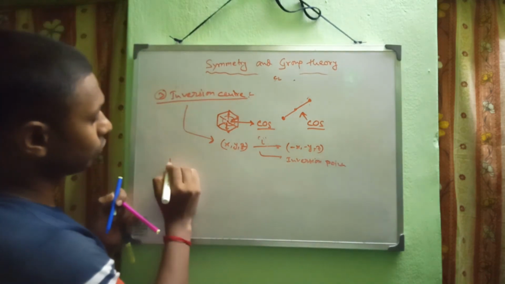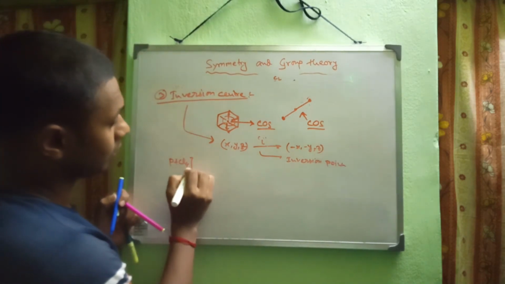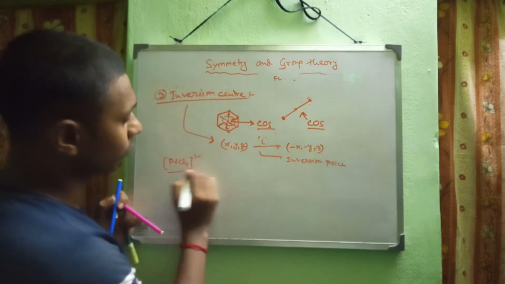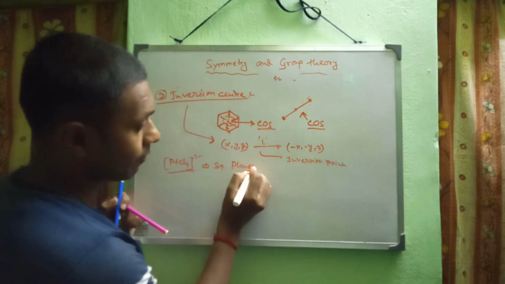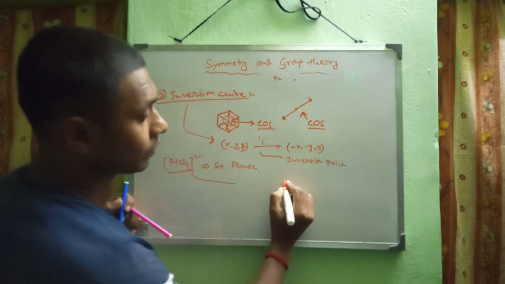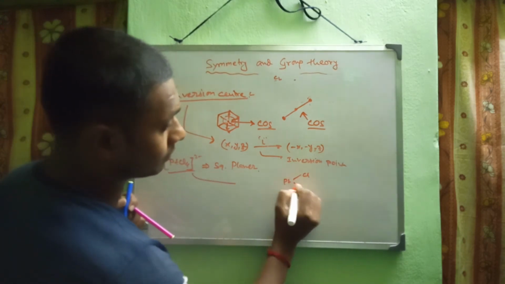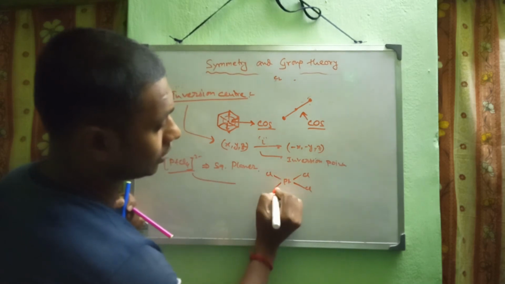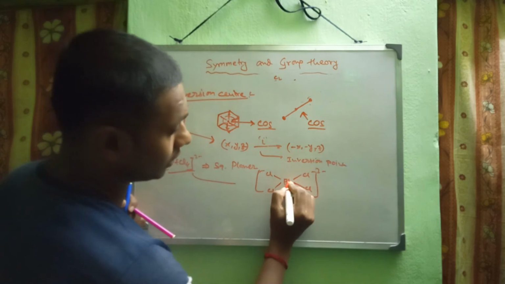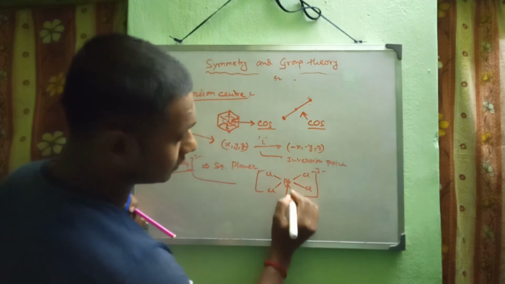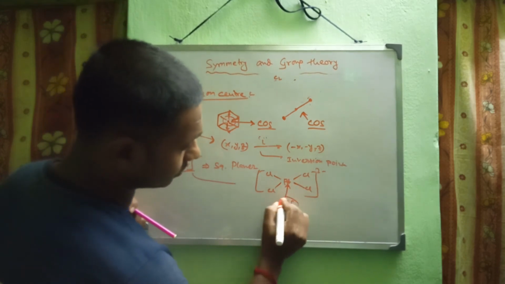If we take another example, PtCl4 2 minus, as an inorganic complex, it is a square planar structure. So Pt, it looks like this. So it also has a center of symmetry.